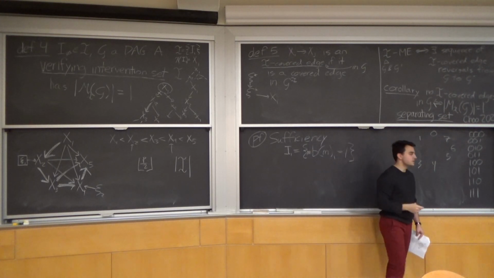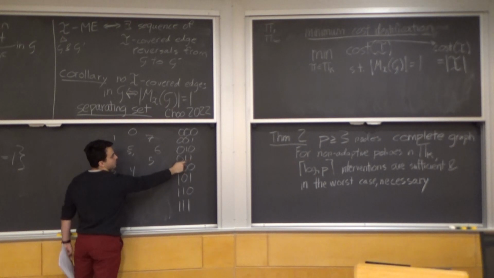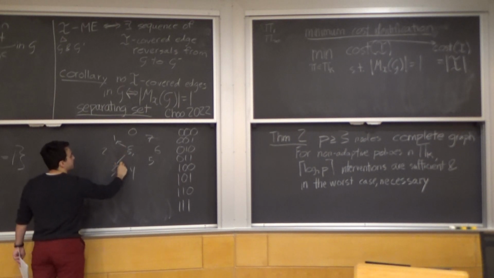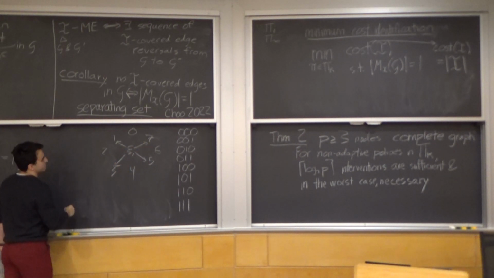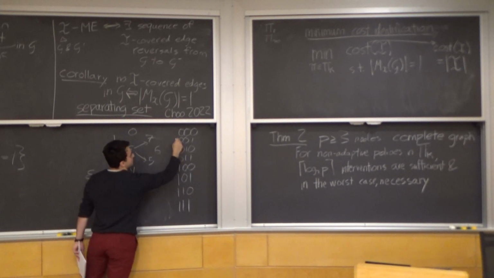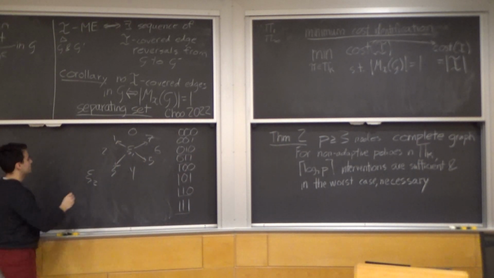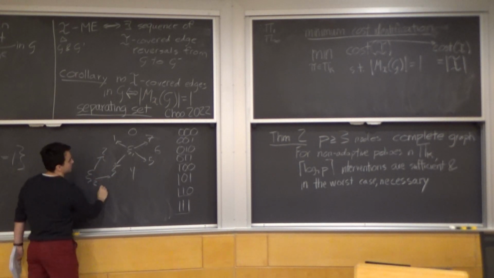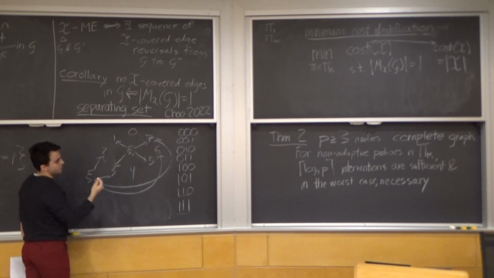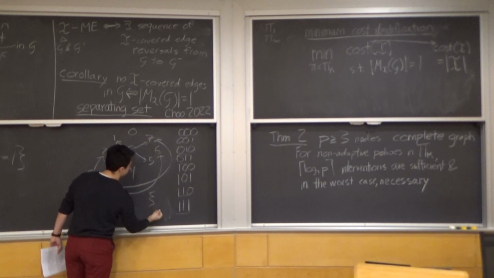So the first intervention, zeta 1, is going to target 1, 3, 5, and 7. And then the second intervention is going to target 2, 3, 6, and 7. And finally, the third intervention is going to target all of these over here with the highest values.